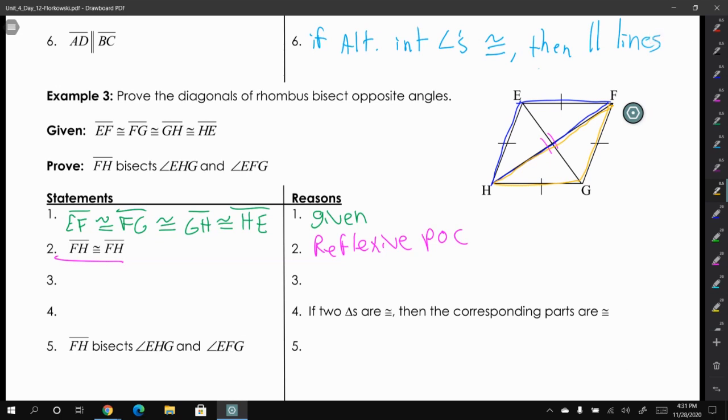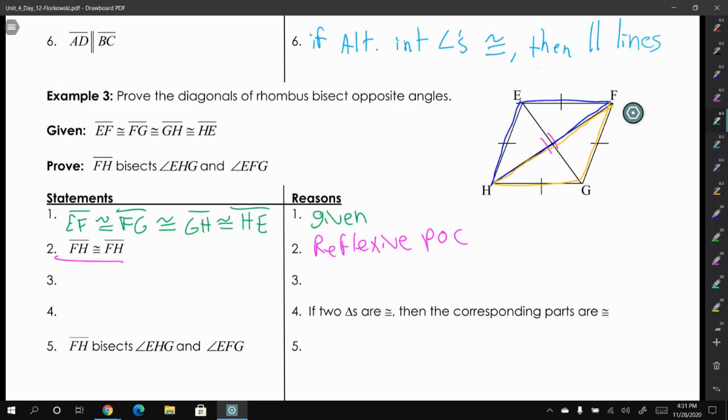So those two triangles are congruent because we have three pairs of congruent sides. Here's side, side, side in the top triangle, and side, side, side in the bottom triangle. Yes, in this instance, two of the sides are congruent to each other in each triangle.